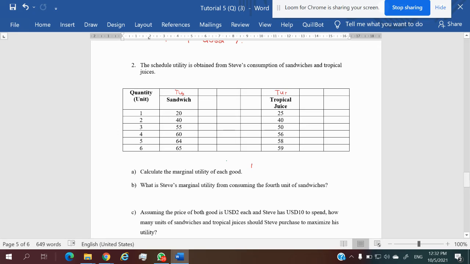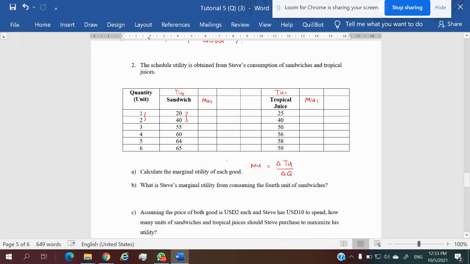Of course, marginal utility is the change in your total utility over the change in the output level. So let's put here the marginal utility for sandwiches and the marginal utility for tropical juice. How do we find the changes? As usual, the change means the new value minus the old value.